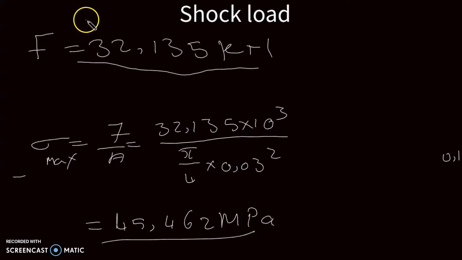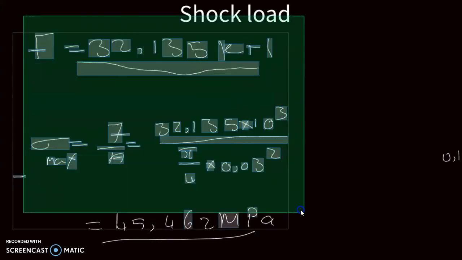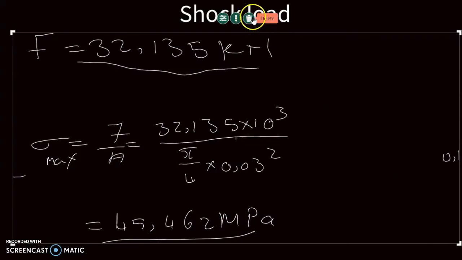They say calculate the total instantaneous extension. So I'm going to erase this. 7.2, we are looking for total extension.